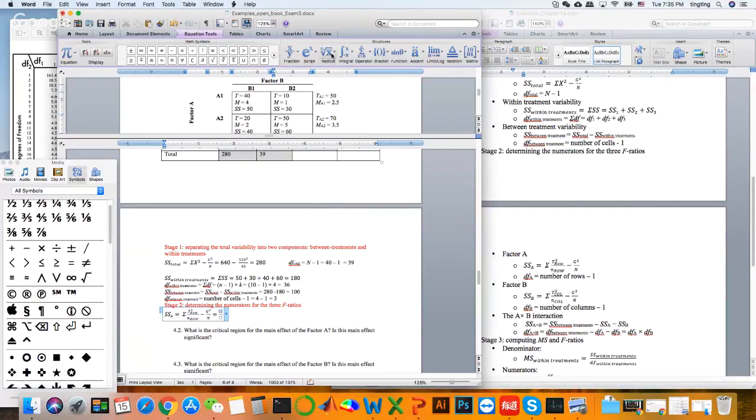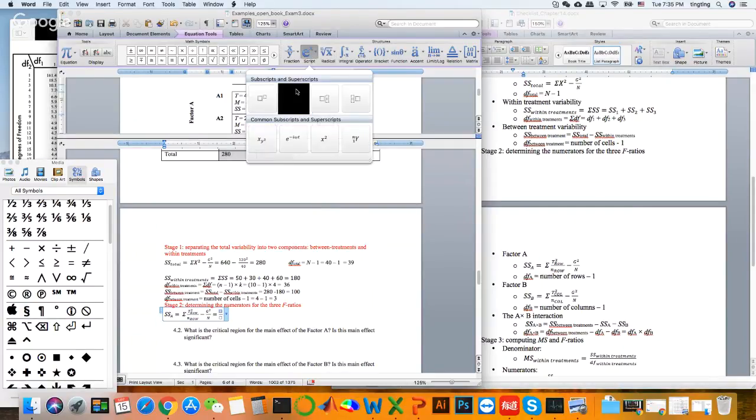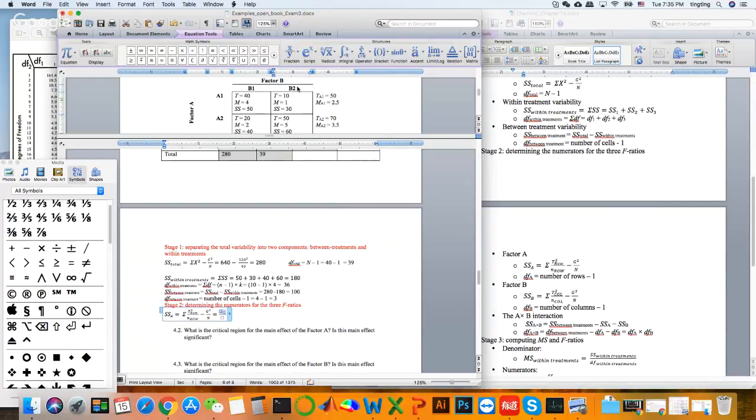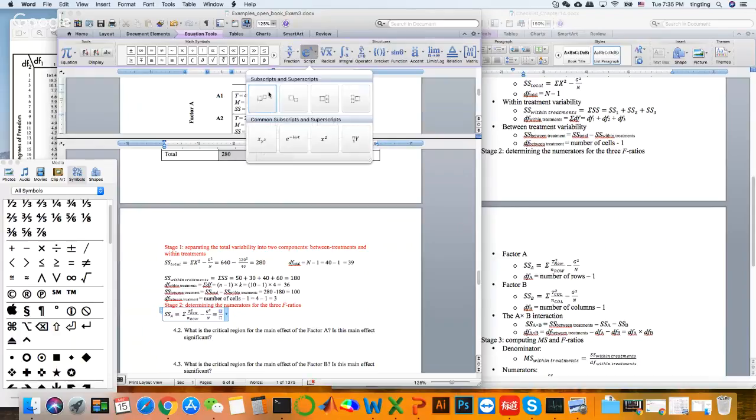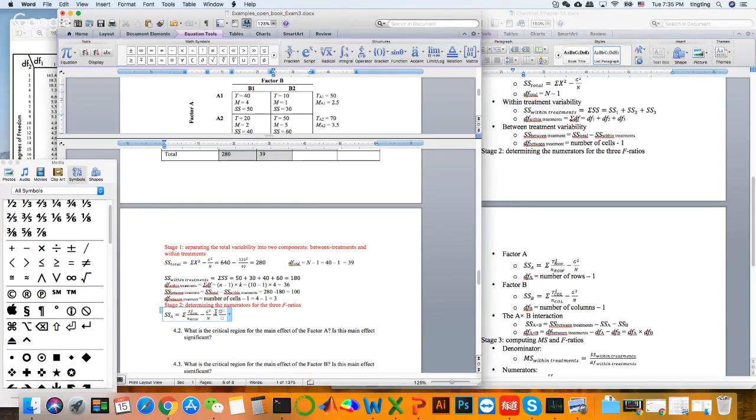So here the first row, T, the first row, which is 50, right? 50 squared, divided by the number of subjects in each row. Because we have 10 subjects in each cell, 2 cells together, which is 10 plus 10, which is 20.